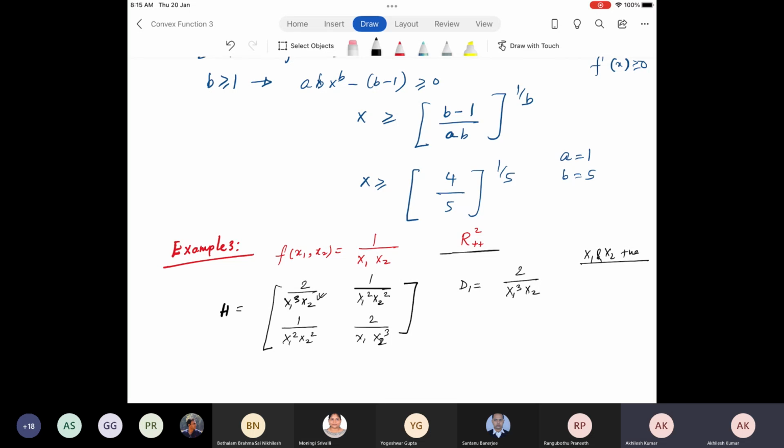In fact, what you can do to make it easier, take 1 by x1 x2 outside. Then we are left with 2 by x1 square, 1 by x1 x2, 1 by x1 x2, and 2 by x2 square. Is this right, guys?